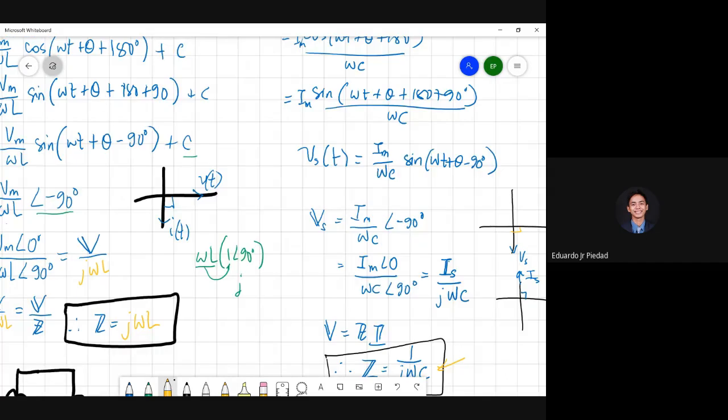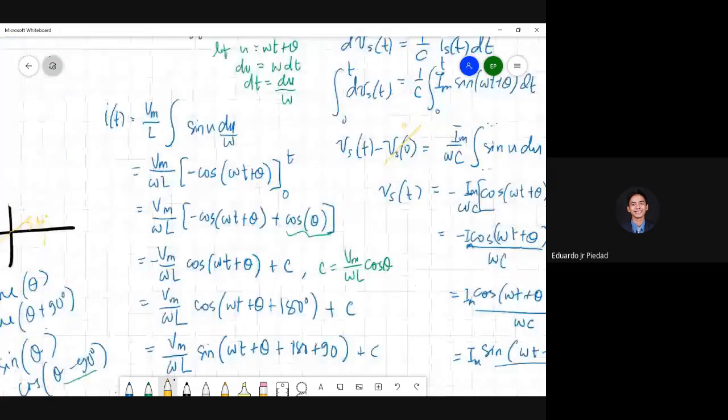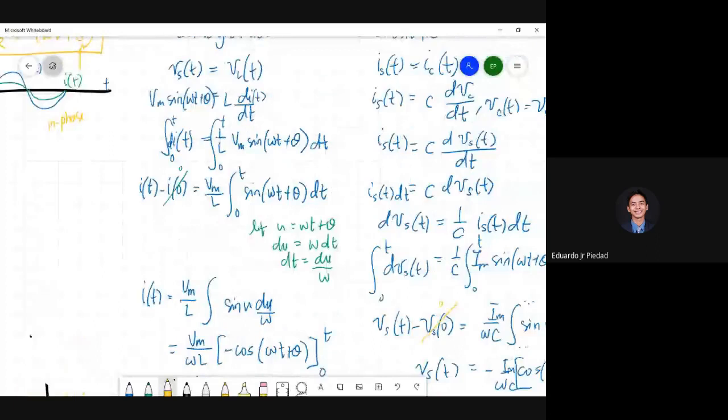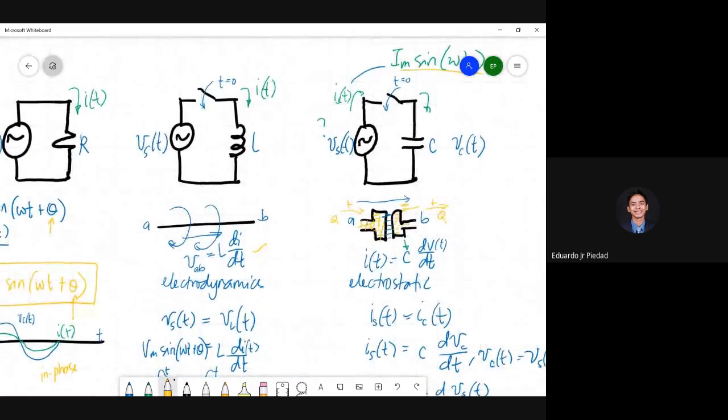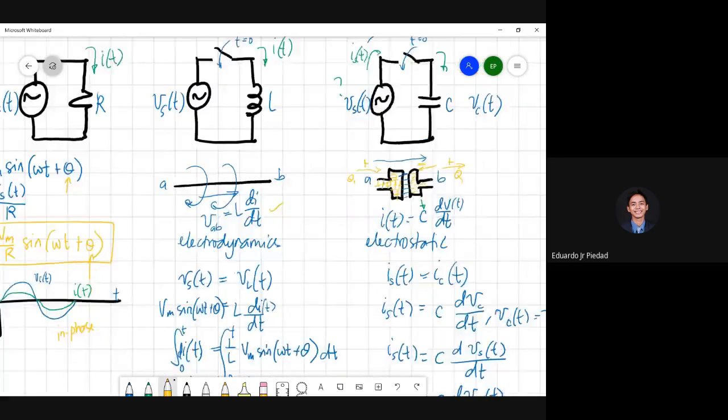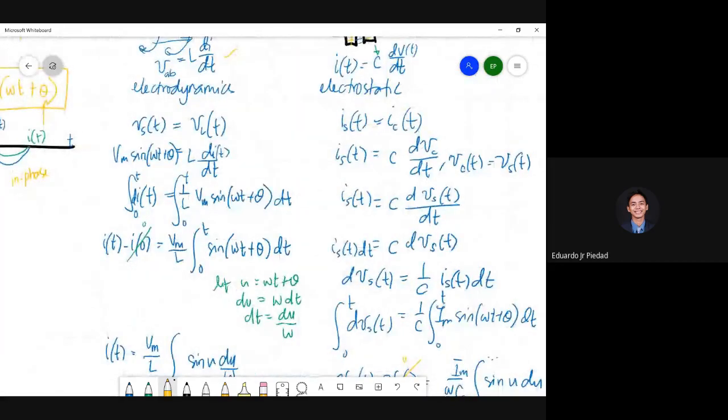Are there any standards? As I said, there's no standard. Mathematics is an expression of the system, so you can express it in many ways. Actually, we can solve this using Laplace transform, and you can also solve this using phasors, the one we were talking about in the complex numbers. Okay, so that's it for the capacitor.